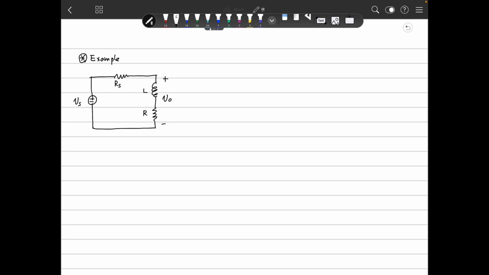So actually we want to know the network function. The network function H(omega) is the output phasor over the input phasor.